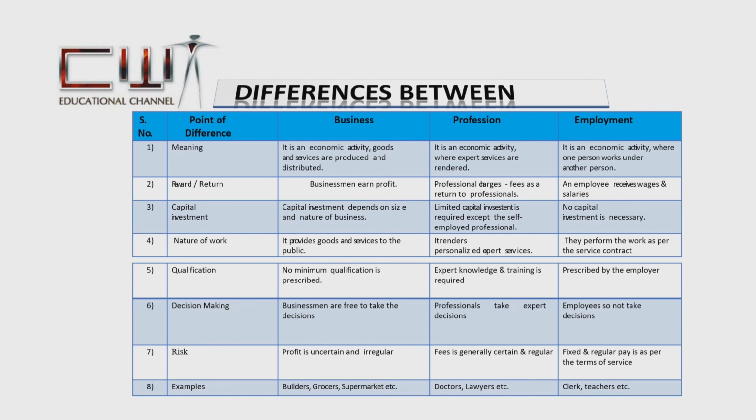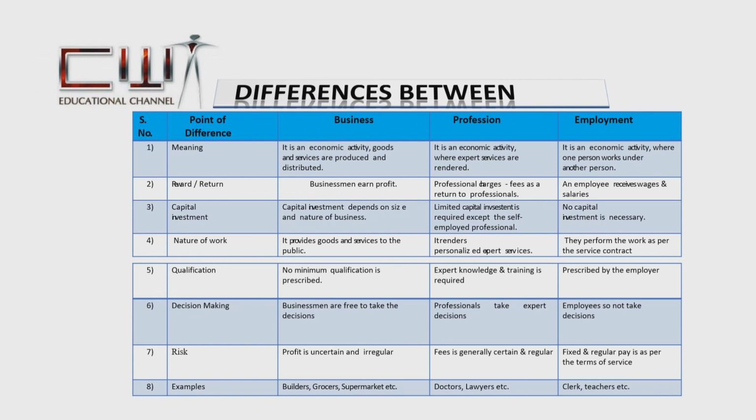Profession will take professional fees as a return to the services which the professional gives. Under employment, an employee receives wages and salaries. In business, capital investment depends on size and nature of the business. Under profession, limited capital investment is required, except in case of self-employed professional. And under employment, no capital investment is necessary.